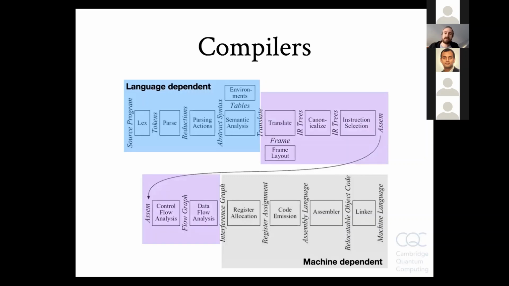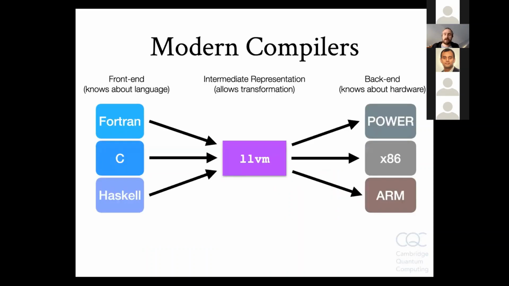And the parts in the middle don't really have much to do with either of those things. These intermediate phases are mostly concerned with the logical structure of the program. And that's where we do all kinds of interesting transformations to improve our program. And once you notice that these three parts are kind of independent of each other, then you can arrive at the design of a modern compiler, which I'm going to take the LLVM as the prototype of this.